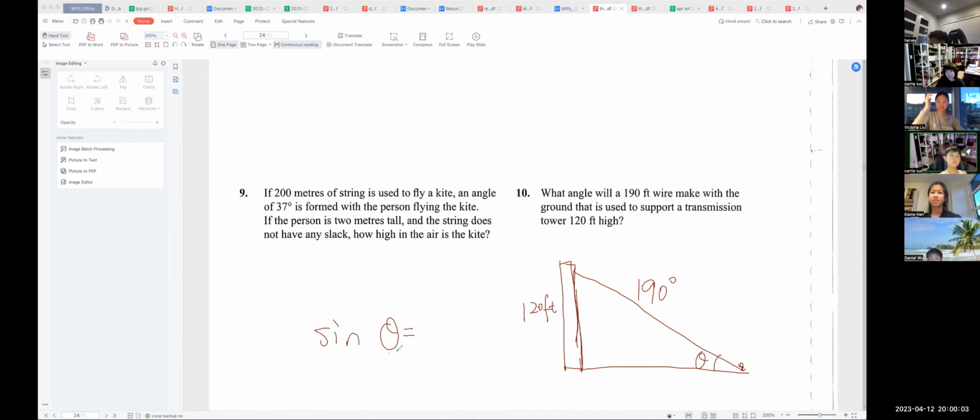So sine theta equals 120 divided by 190, right? Opposite divided by the hypotenuse. So who can tell me what theta equals? 0.6216.